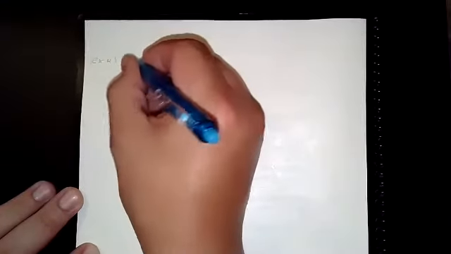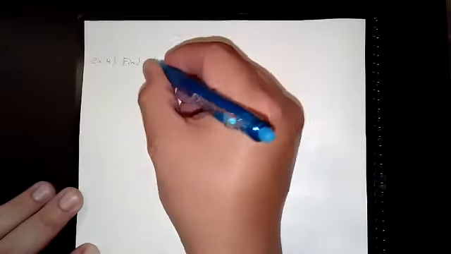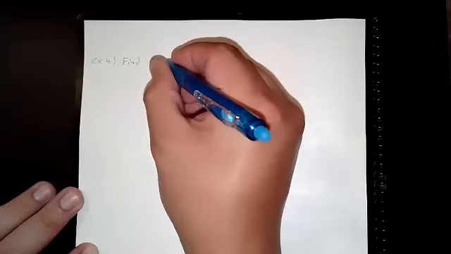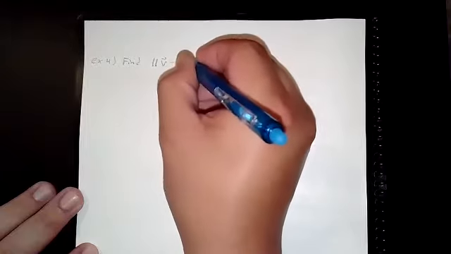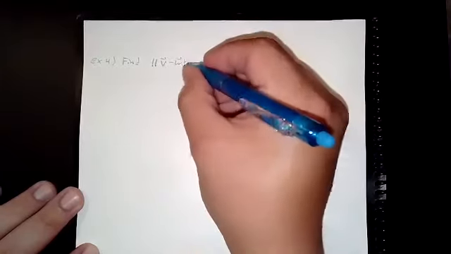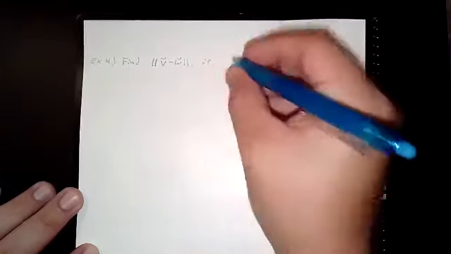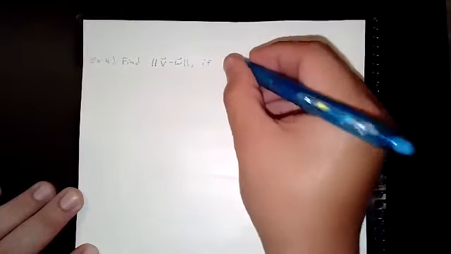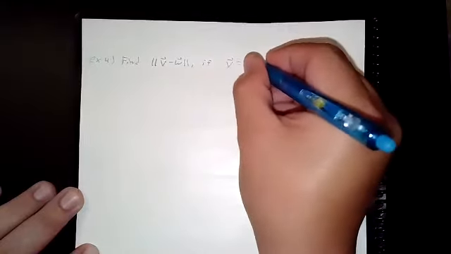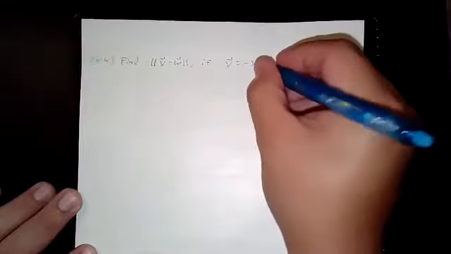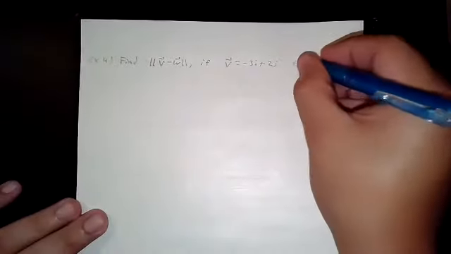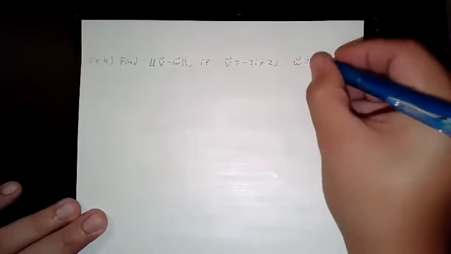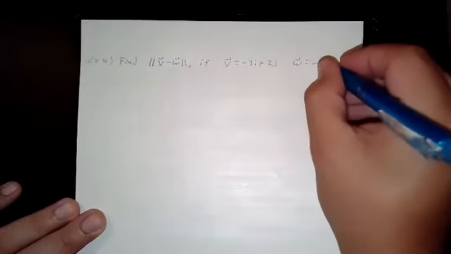So find the magnitude of v minus w if v is negative 3i plus 2j and w is negative 6i plus 5j.